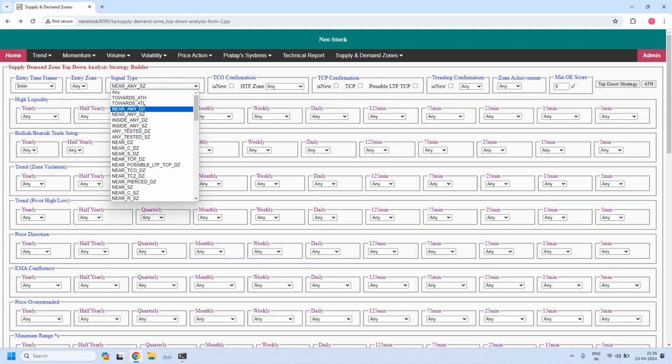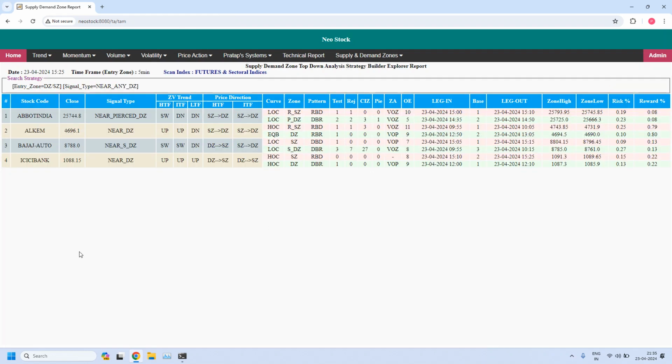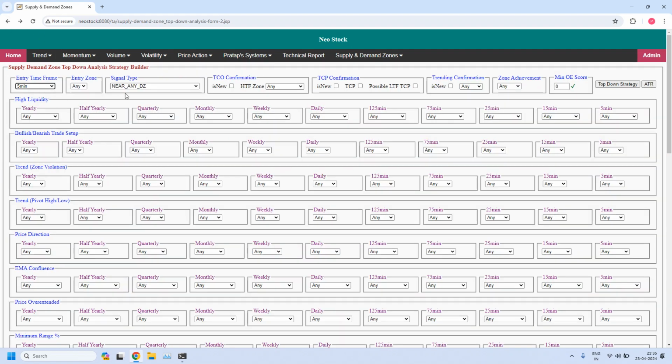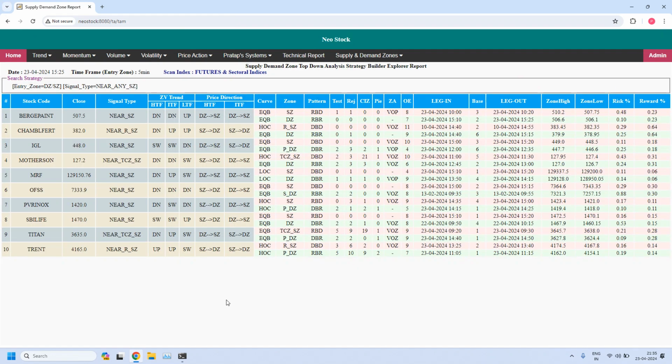Let us find the stocks near the 5 minutes demand zone. I am going back. For the 5 minutes time frame, let us find the stocks near the 5 minutes supply zone. So these 10 stocks are filtered. So these are the stocks near demand and supply zones for all the time frames.